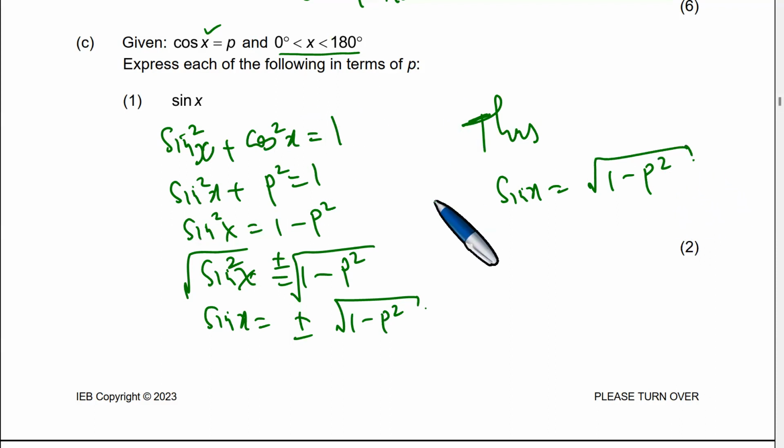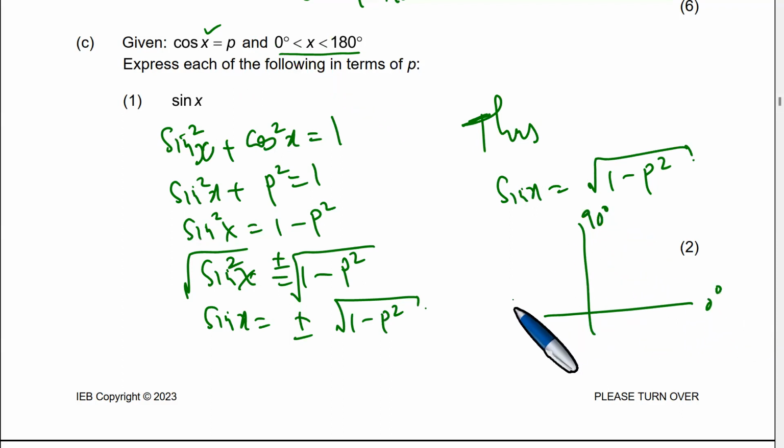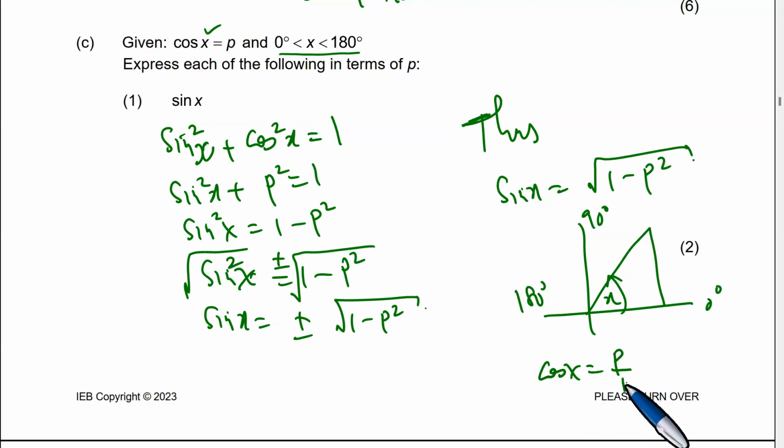But you can also use the diagram to do these, okay, because you can just say cosine is positive between 0 degrees, 90 degrees, and 180 degrees. So cosine positive is here. This is the angle x. So this one here, SOHCAHTOA: if cosine x is p, it's p over 1, so that you have the adjacent over hypotenuse, and this one here is y, according to the Pythagoras theorem, which is the square root of 1 minus p squared.